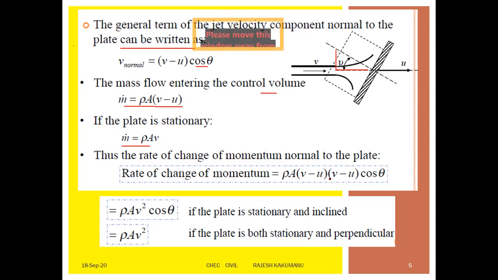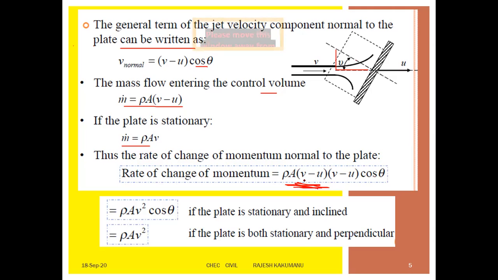Why have you written two cases here? Generally, applying this, m is equal to rho A (V minus U) times V normal. What is the V normal? V minus U cos theta. So that is what they have written for the change of momentum normal to the plate. Whenever there is a change of momentum, it is equal to rho A (V minus U) times (V minus U) cos theta.